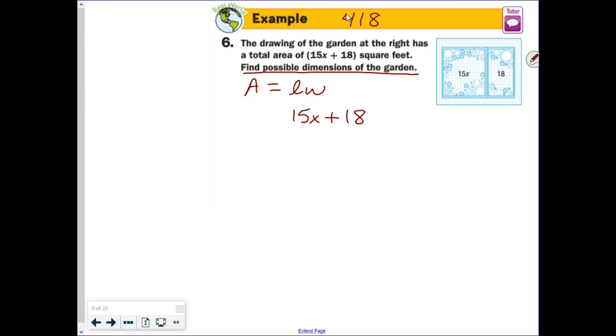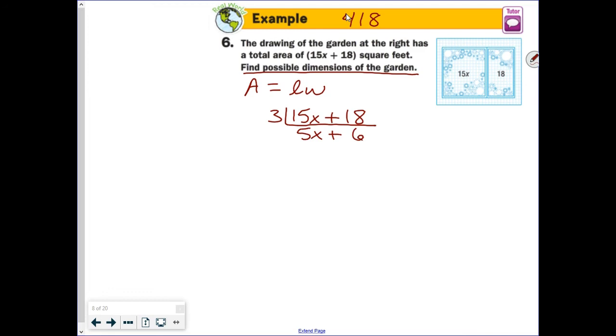Well, this is just like what we were doing in the previous examples. What number will go equally into 15x and 18? 3 goes equally into 15 and 18. 3 goes into 15x 5x times, and 3 goes into positive 18 positive 6 times.